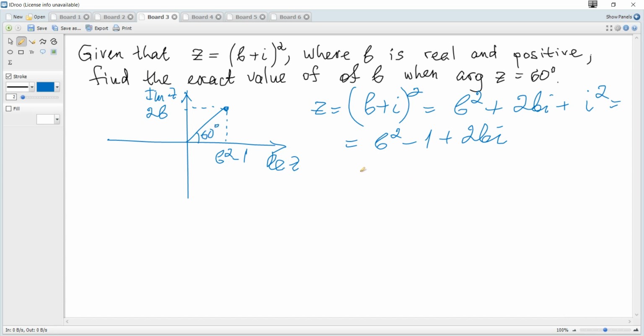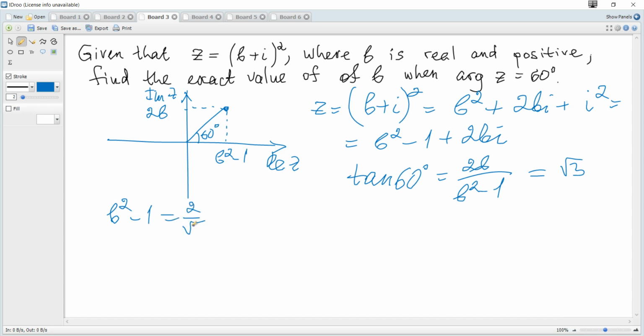And we can see that if we consider the tangent of 60, it is equal to opposite over adjacent, so it becomes 2b over b squared minus 1. Tangent of 60 is √3, and hence we get that b squared minus 1 is 2 over √3 times b, and we can see that it's a quadratic equation and it can be solved with the discriminant.